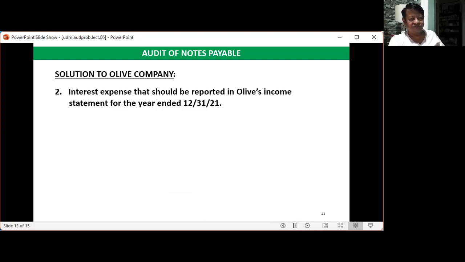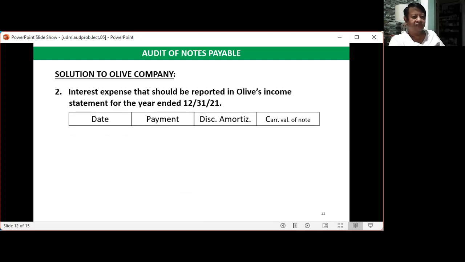Let's compute for the interest expense that should be reported in Olive's income statement for the year ended December 31, 2021. So let's prepare again a table in order to arrive at the interest expense being questioned under question number 2.